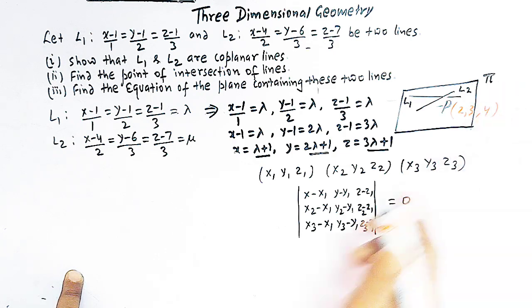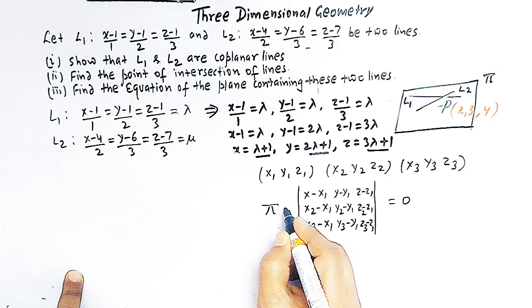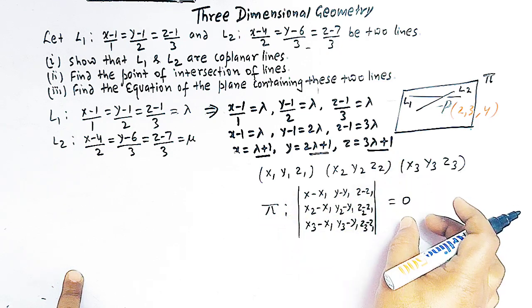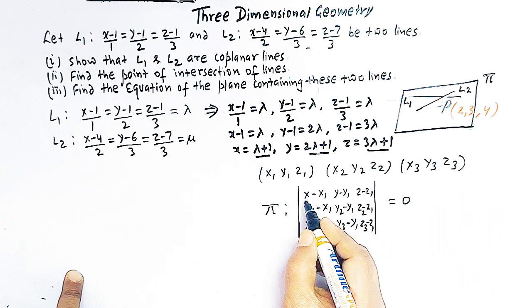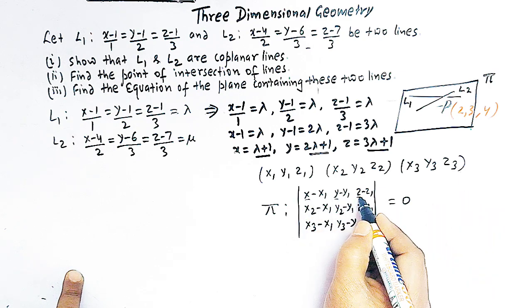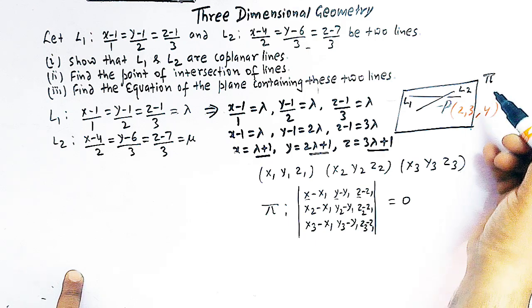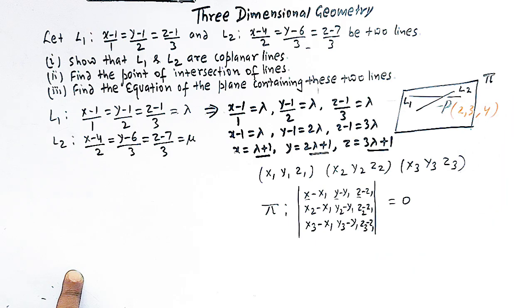So the equation of the plane pi is given by this determinant equal to 0, where x, y, and z are the coordinates of any point lying on this plane pi, right?